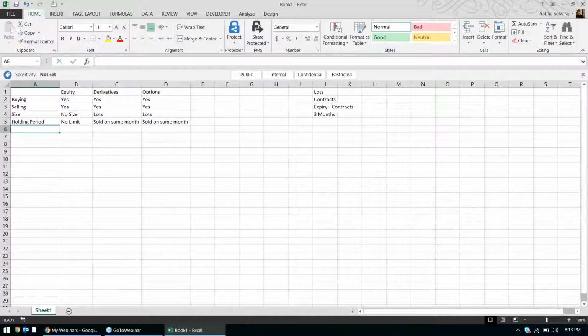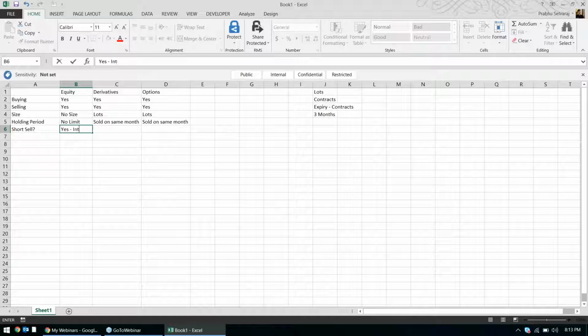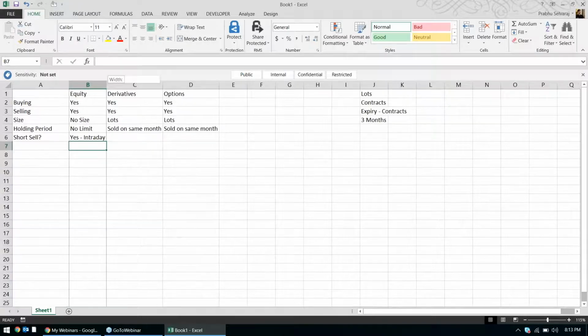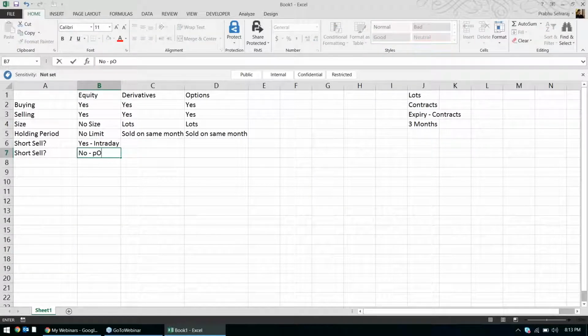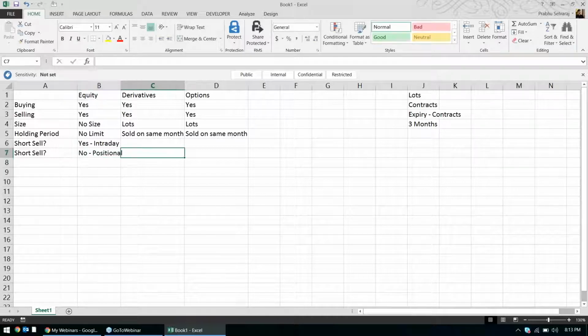Can I short sell? Yes, intraday, and no for positional.